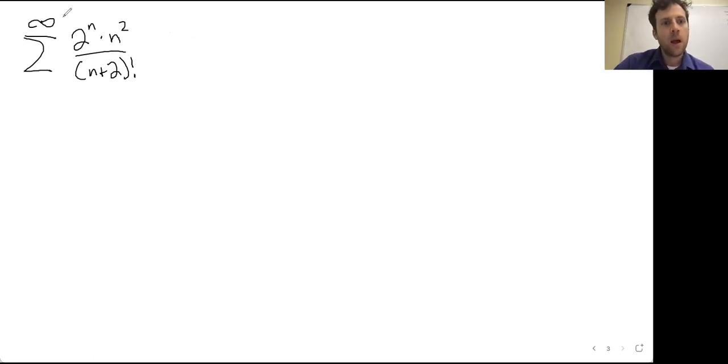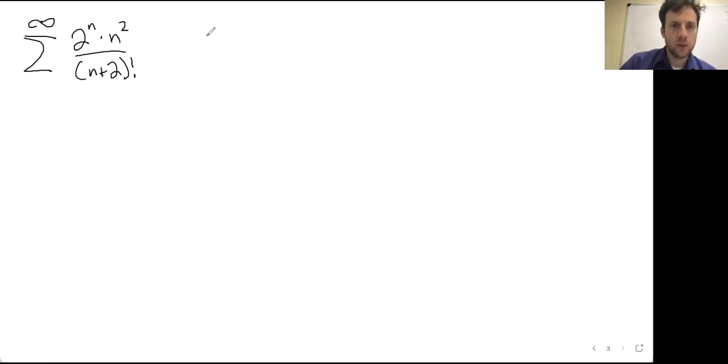So in this case, we're trying to think what is the best test to use. And a giveaway is the factorial. Unless you have a good reason for not using the ratio test, probably use the ratio test.